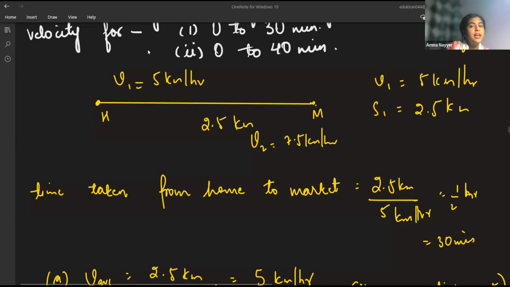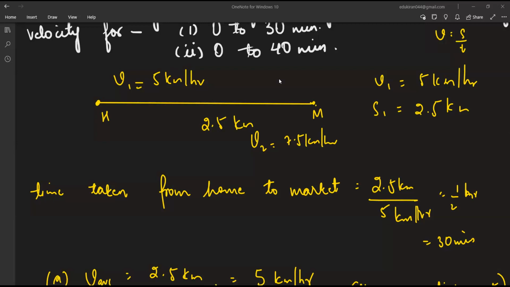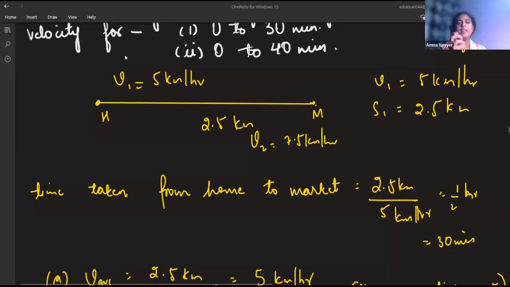Sarah, you are calculating the speed. 8 kilometers is the distance. You have taken it as 3.75. This is exactly what you have to understand.